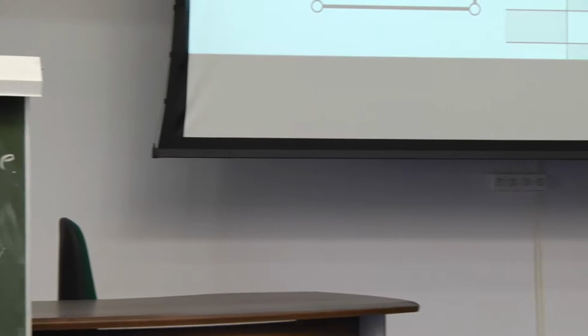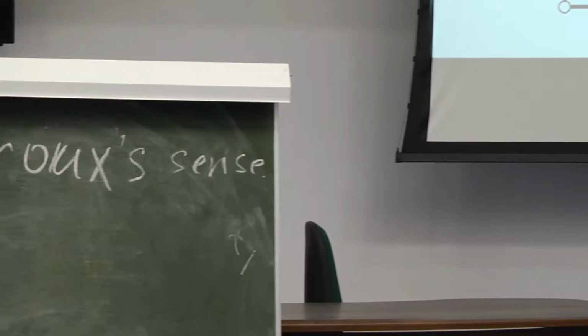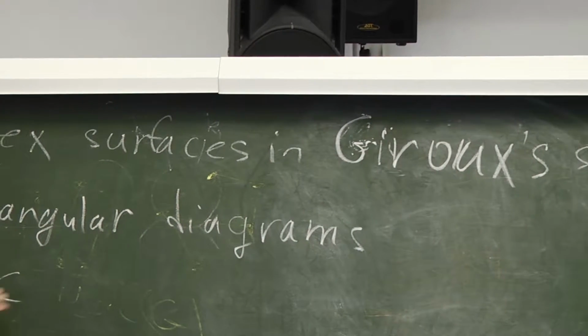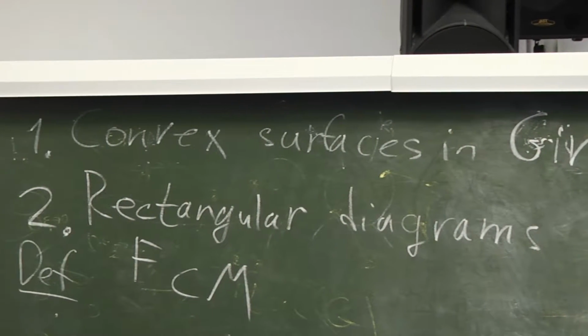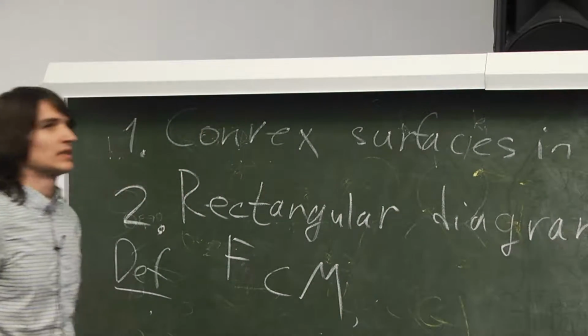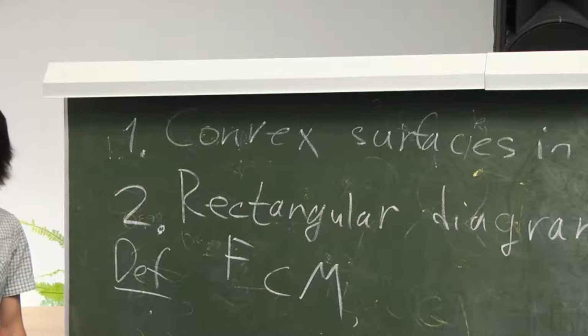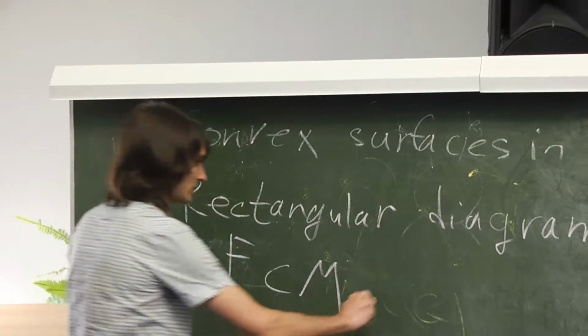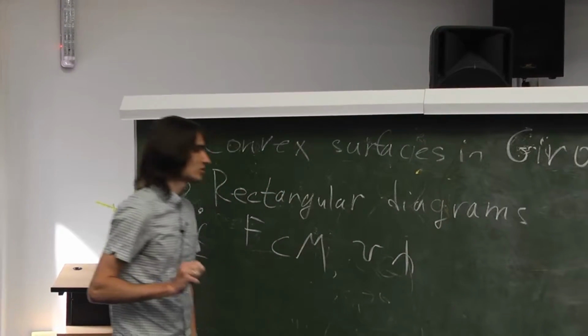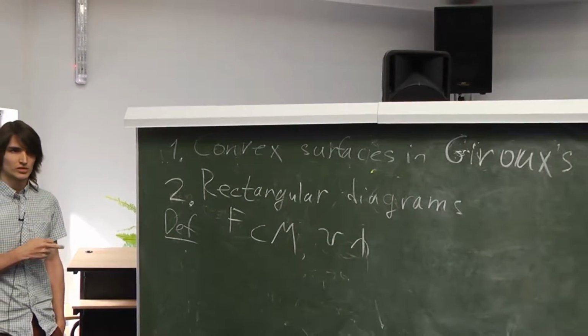Convex surface. Suppose the surface F is embedded in a contact manifold, and there is a vector field that is transverse to this surface.